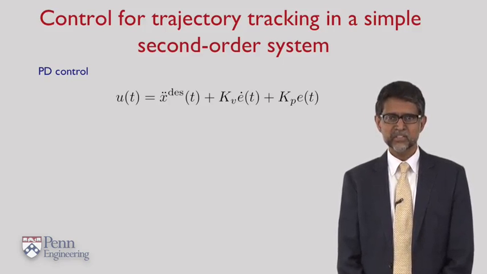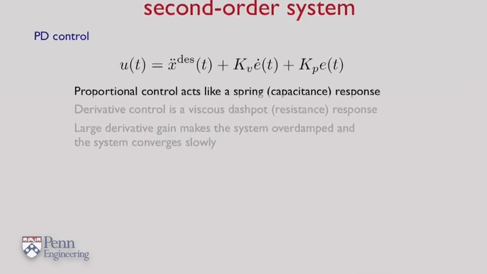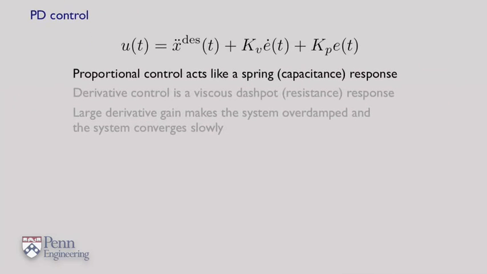Each of these terms has a significance. The proportional term acts like a spring or a capacitance. The higher the proportional term is, the more springy the system becomes, and more likely it is to overshoot. The higher the derivative term, the more damped it becomes.